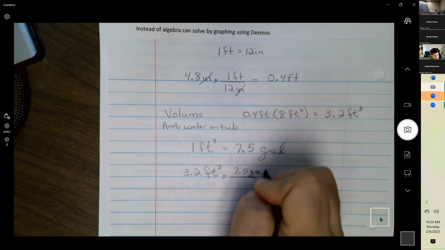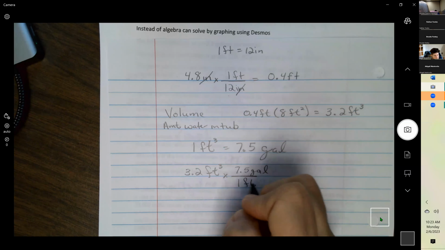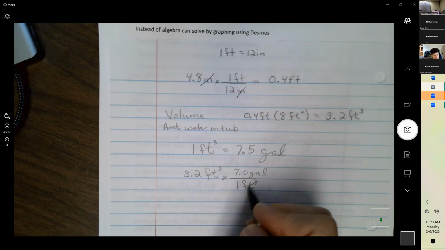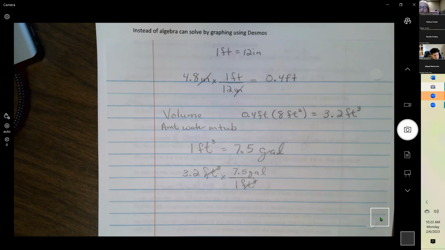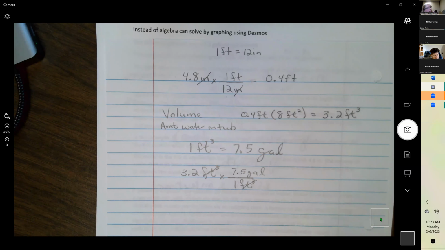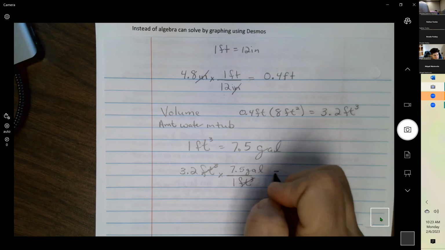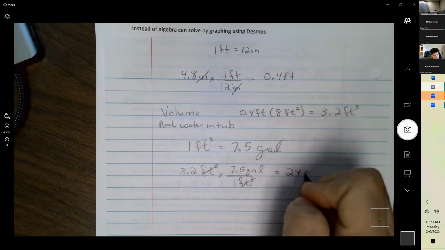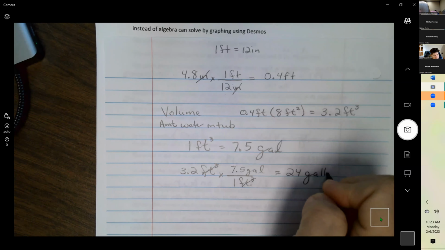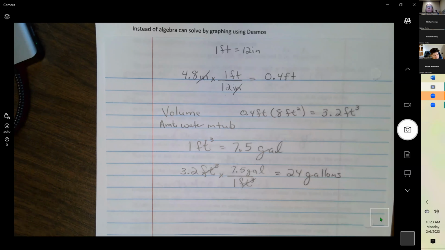That way, when we put the cubic feet in the bottom, they cancel. Then we have what's 24? Yeah. So it's at an equilibrium.